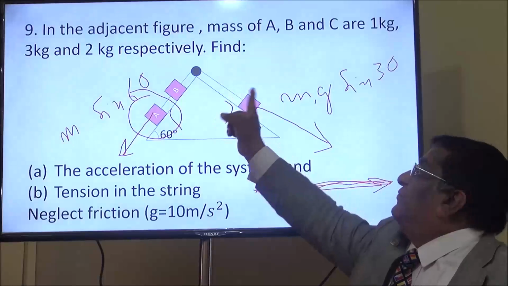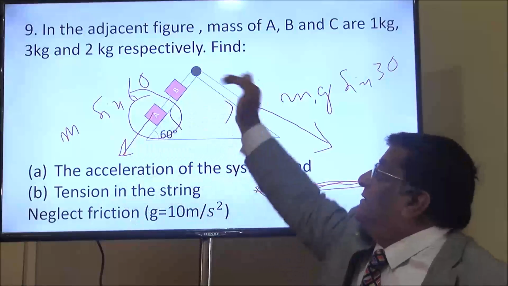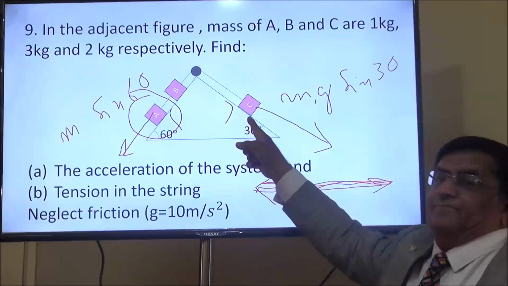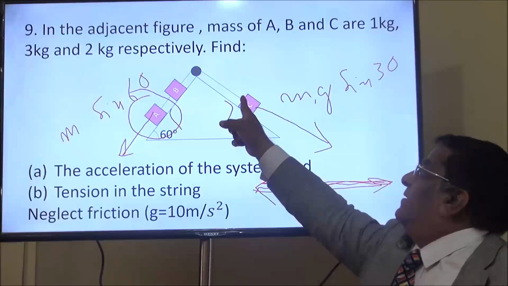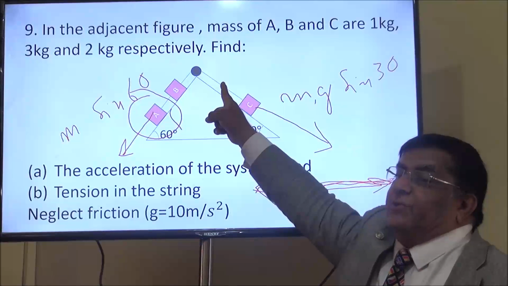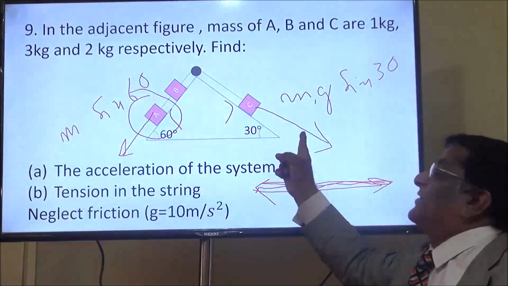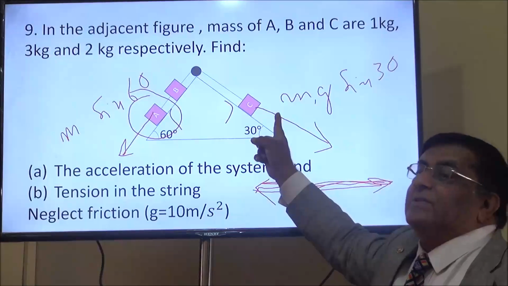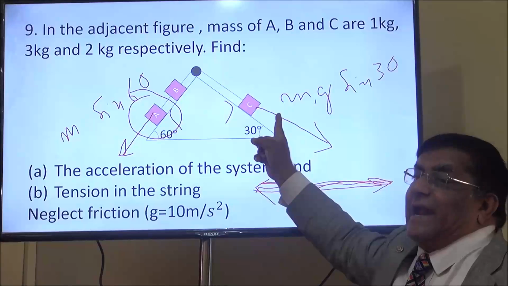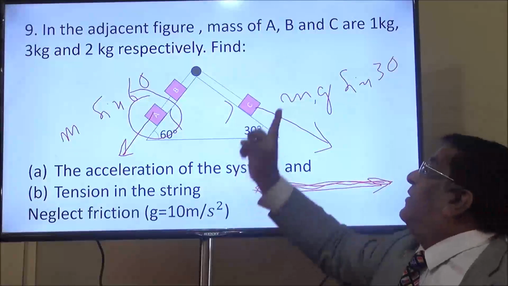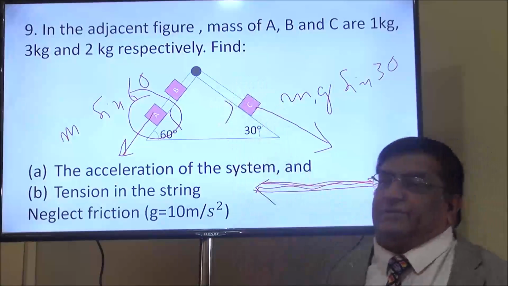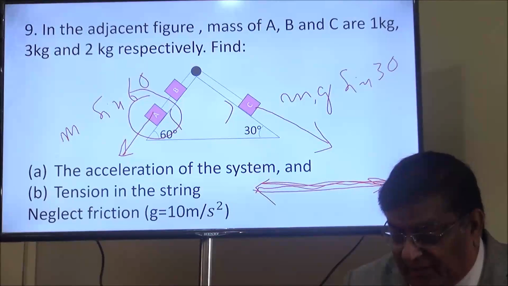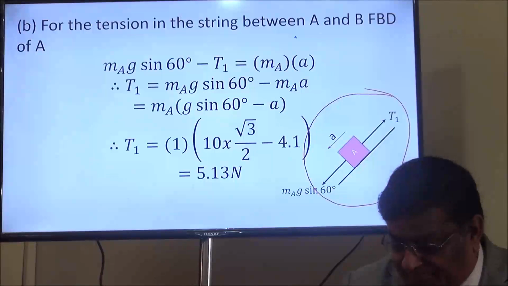Now this T2, we know the system is going in this direction. We take this as the free body diagram. Here, what is the force? T2. What is the force in this direction? That is mg sine 30. The result will be the net force, and that net force is equal to mass into acceleration. Everything is known to us except T2, and here you get this equation.